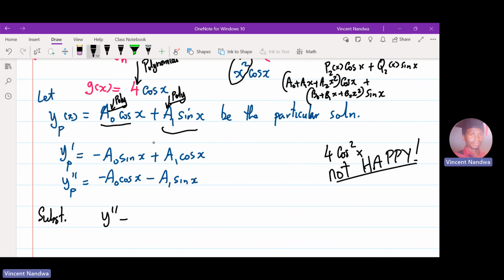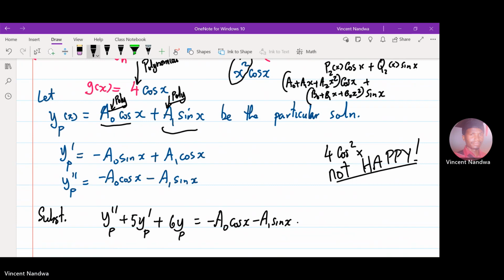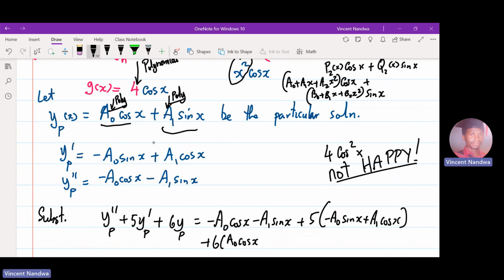So y double prime plus 5y prime plus 6y. So I put p, I put p, I put p. I'll get minus a naught cosine of x minus a1 sine of x, plus 5 times minus a naught sine x plus a1 cos x, and then plus 6 times a naught cosine of x plus a1 sine of x.